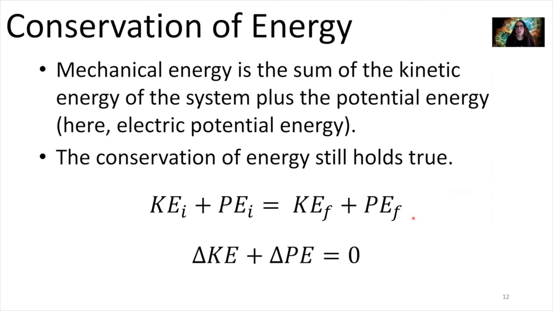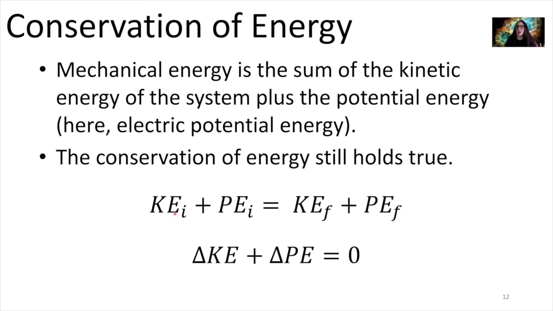Mechanical energy is the sum of all the kinetic energy in a system plus all of the potential energy in the system. And in this case, since we're thinking about these small charges, we're going to think about not the gravitational potential energy, but the electric potential energy. Our conservation of energy equations still hold.